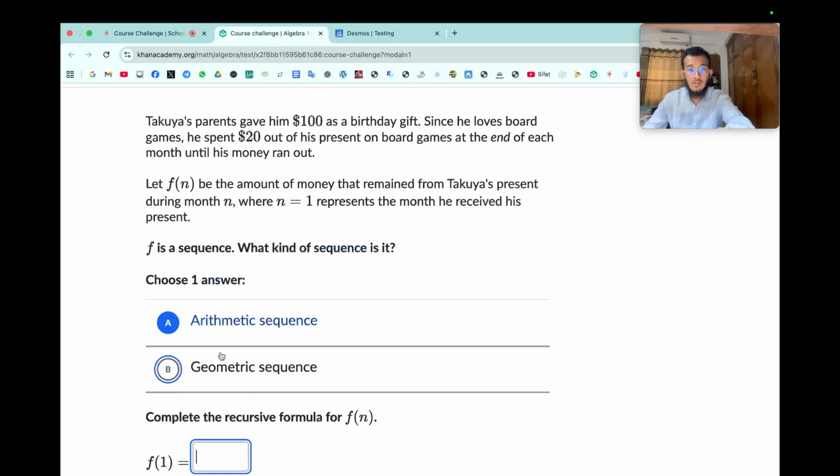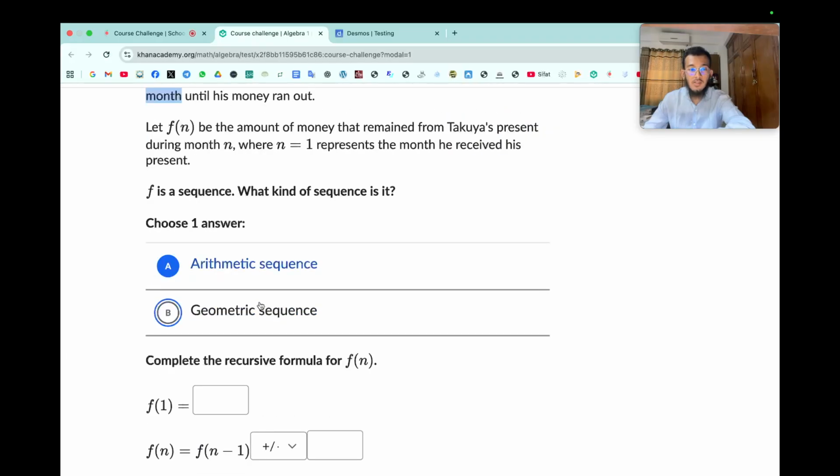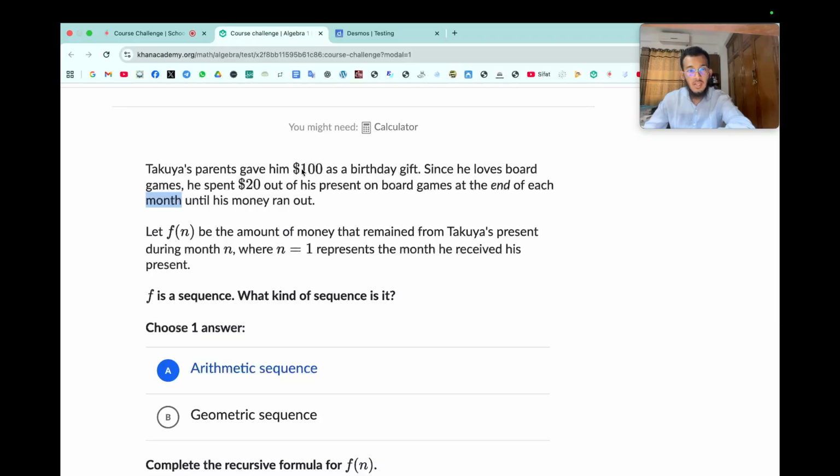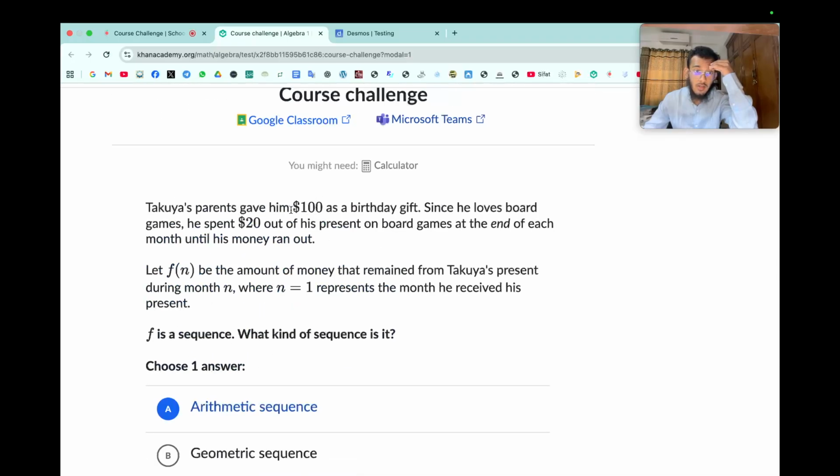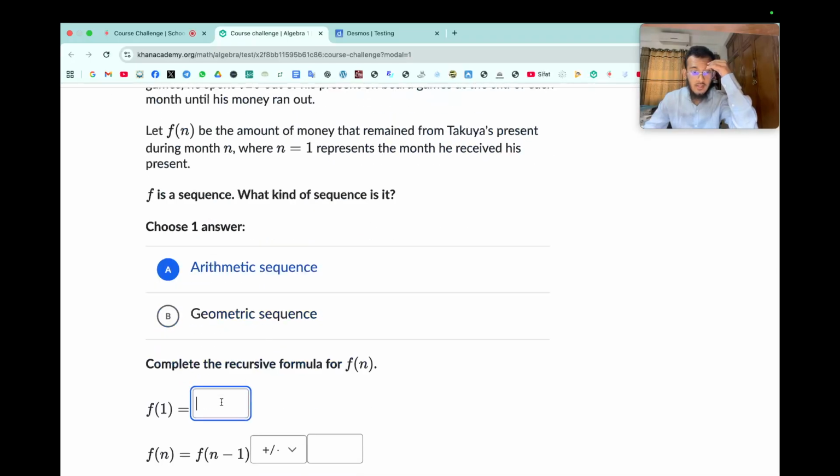So first represents the month he receives his present. He loves board games, and he spent out of this present on board games at the end of each month. Initially when n equals 0 we have 100, but when n equals 1, during month 1, which represents the month he received his present, it will be 100 minus 20, which is 80.